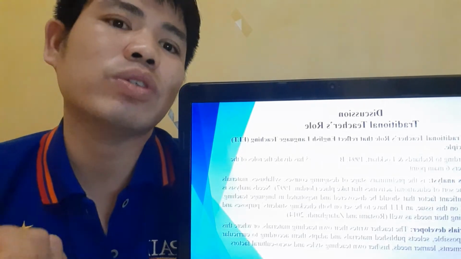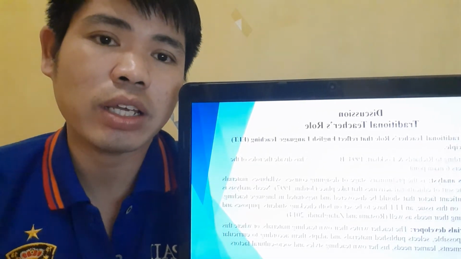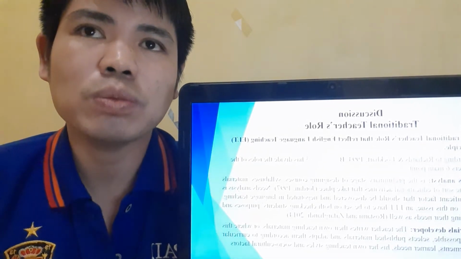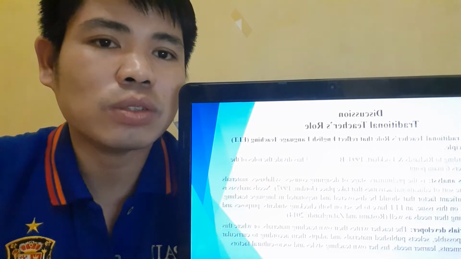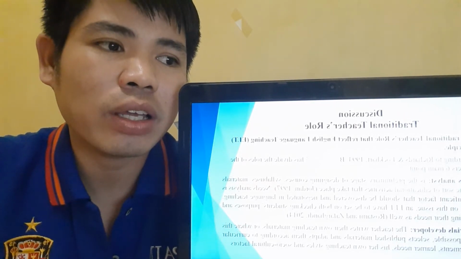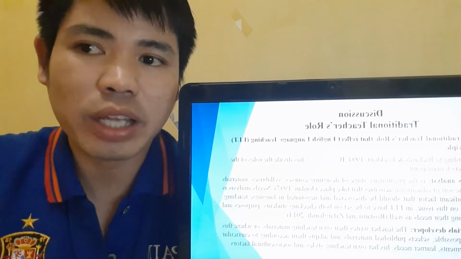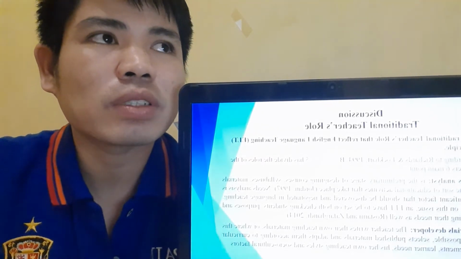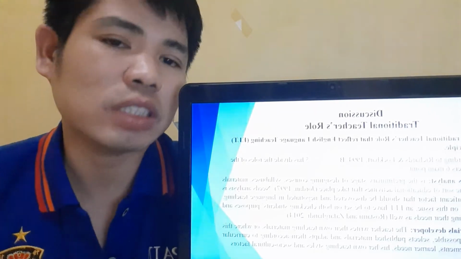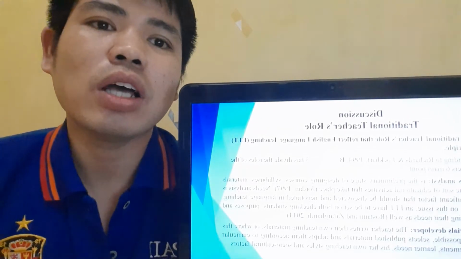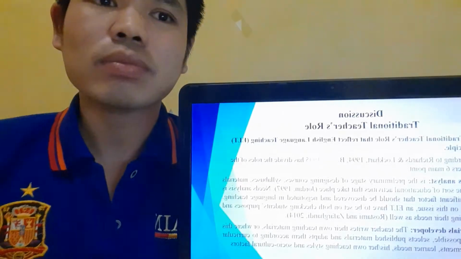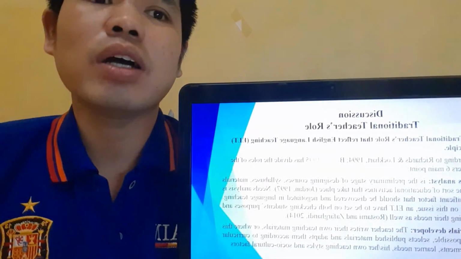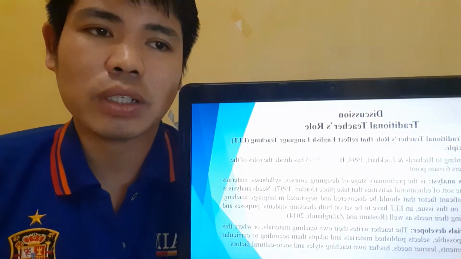The teacher will use the information from the survey to develop their lesson plan and to develop the syllabus in the future.